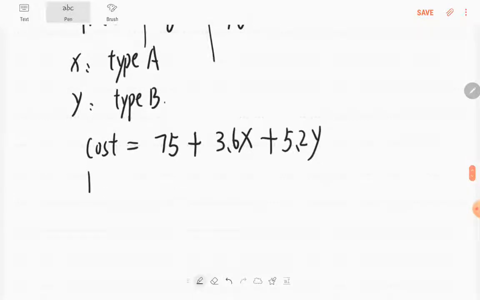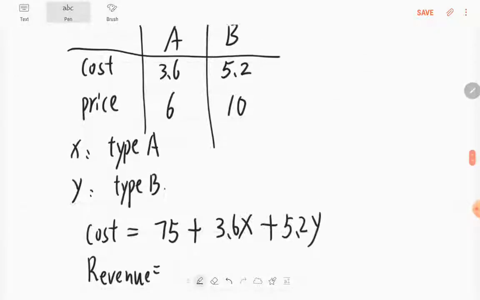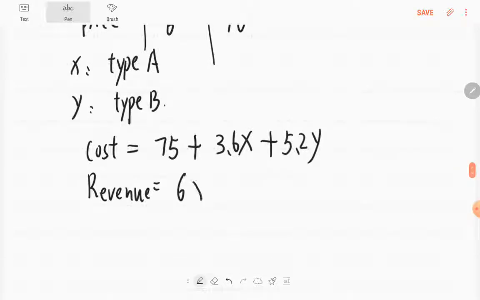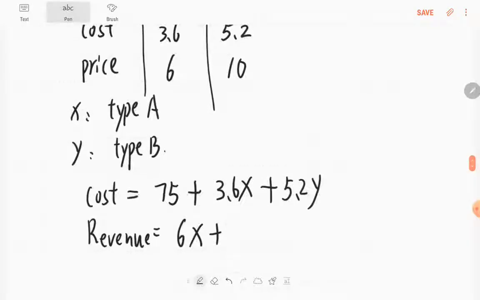So the revenue is, the price for type A is $6 per frame, so you have 6 times X plus 10 times Y. So this is the revenue.